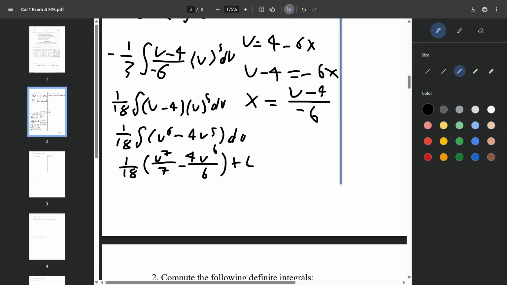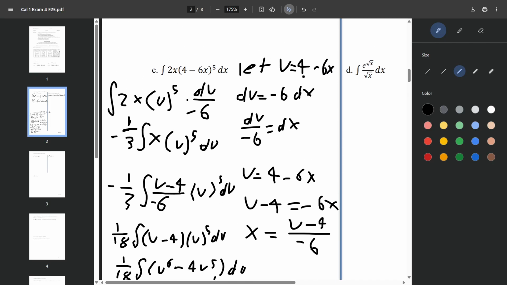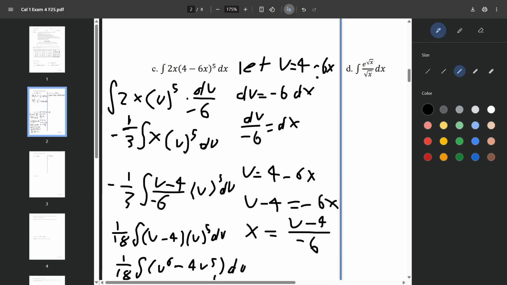And we could simplify this down, and when we multiply it by 1/18, we will get u to the 7th over 126 minus u to the 6th over 27 plus c. And now the final step is to replace u with our original, well, 4 minus 6x.